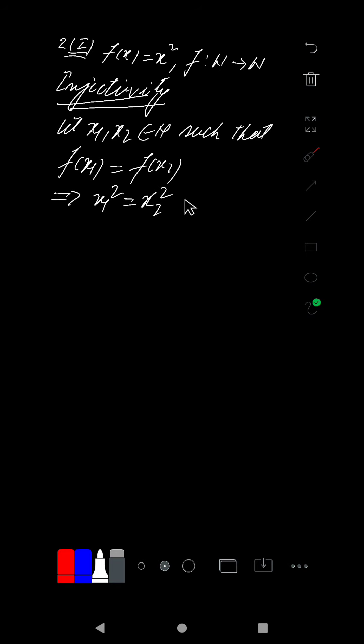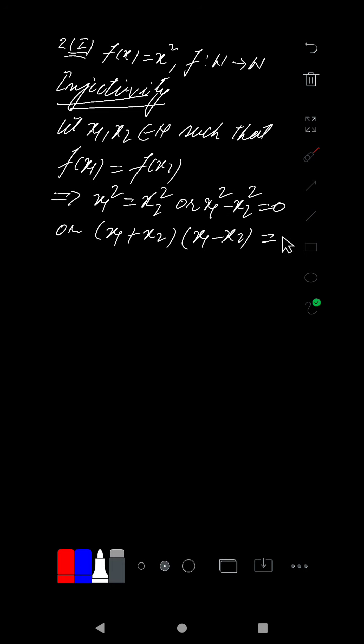Transposing x2 square to left hand side, we may write this expression as x1 square minus x2 square is equal to 0. Now, applying a square minus b square identity, we may write it as (x1 plus x2) into (x1 minus x2) is equal to 0.